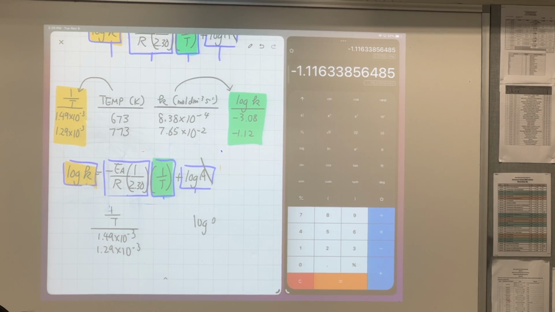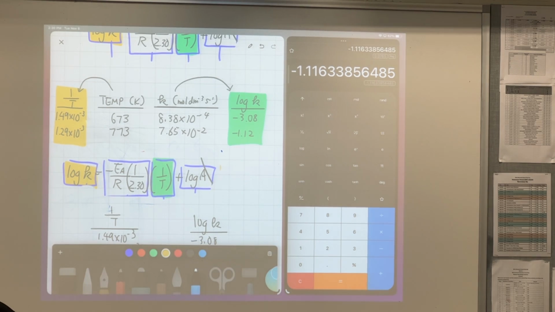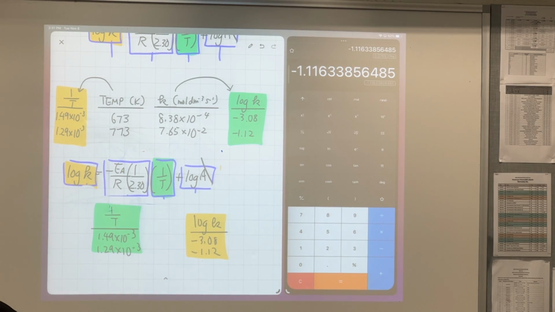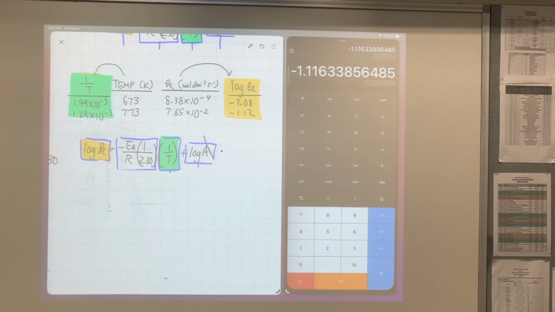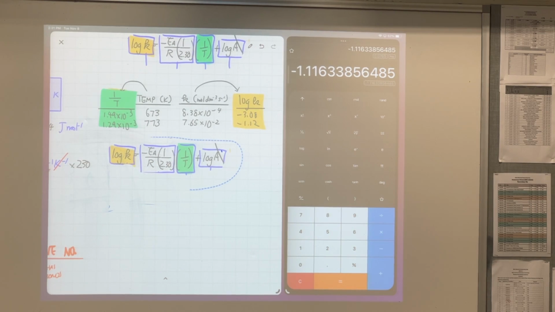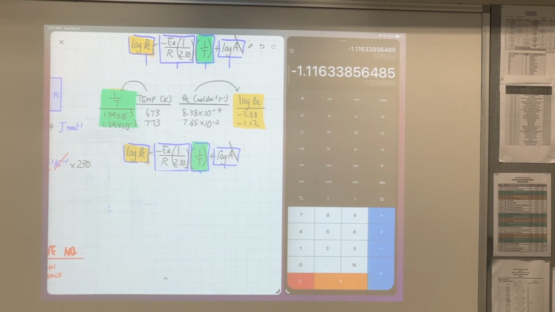You have log K, negative 3.08 and negative 1.12. So this should be in yellow, and this should be in green. So we have 1 over T and we have log K.